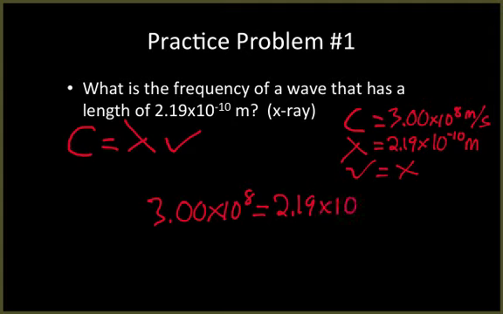3 times 10 to the 8th equals 2.19 times 10 to the negative 10th times x. Plug it into your calculator and solve. So we're going to take 3 times 10 to the 8th, and divide that by 2.19 times 10 to the negative 10th.